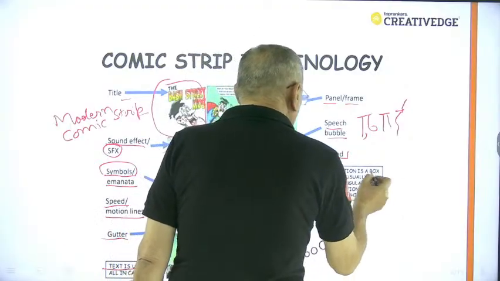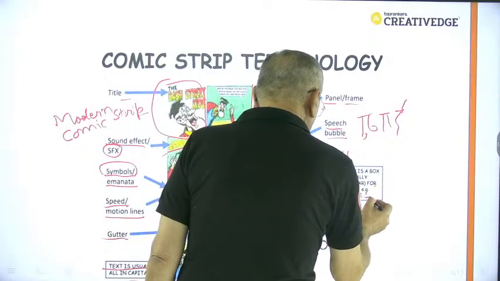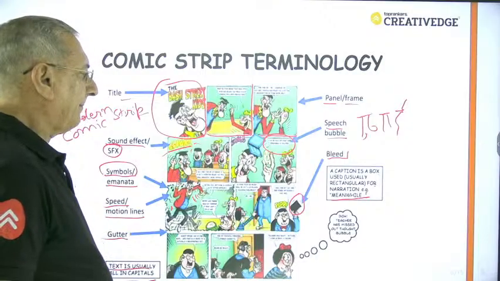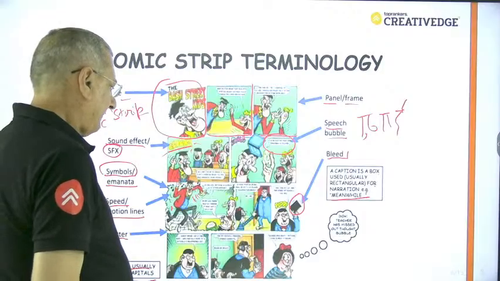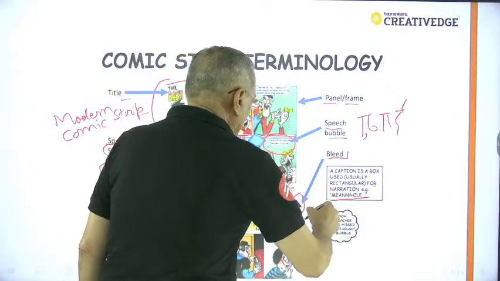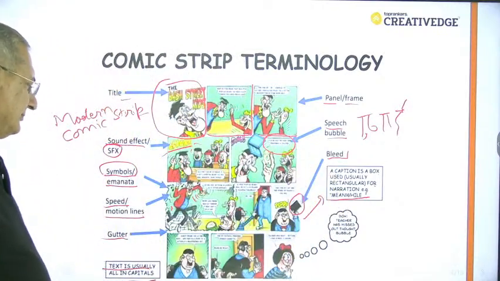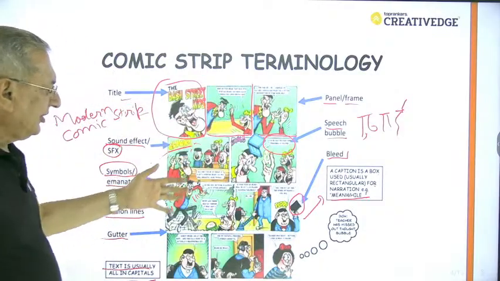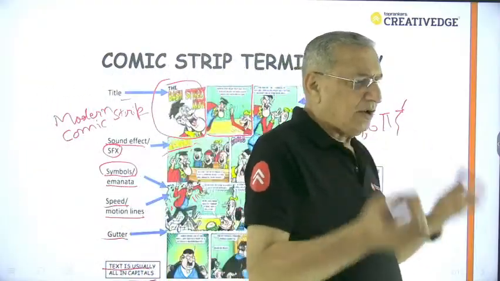A caption is a box, usually rectangular, used for narration. At times, the narration is put outside the strip. So these are the terminology that you need to use when you are using a comic strip.